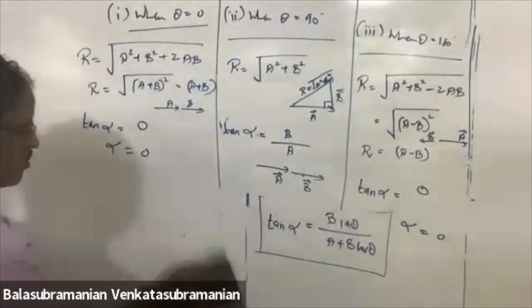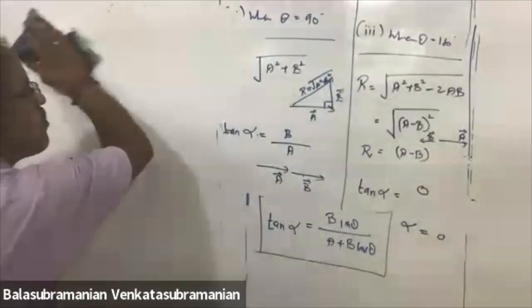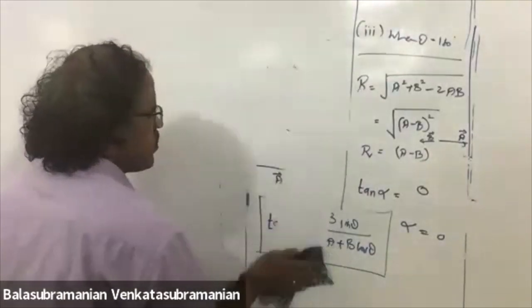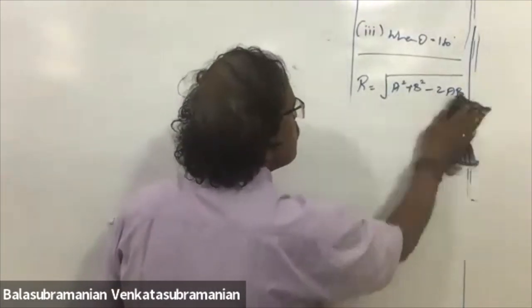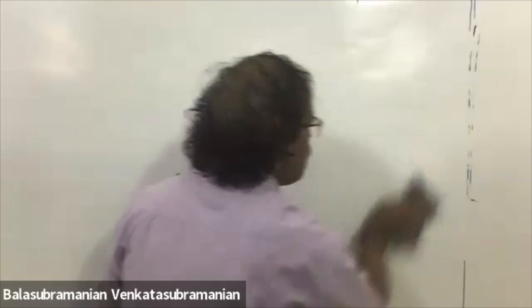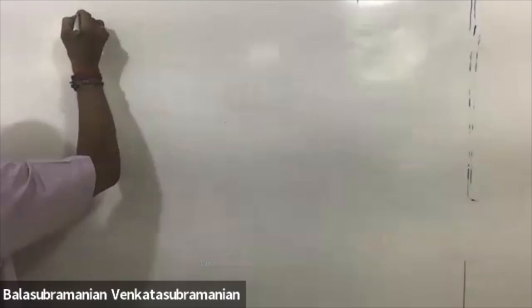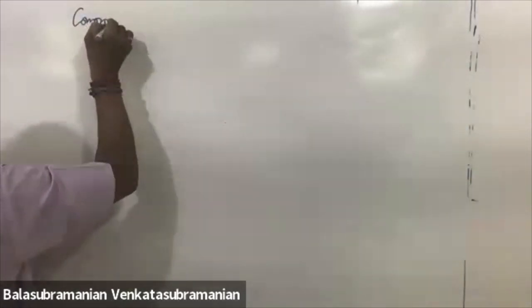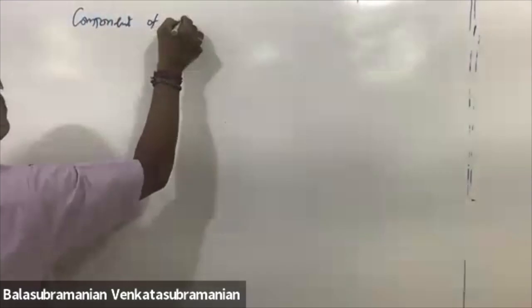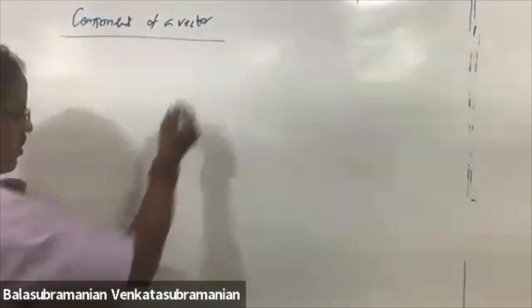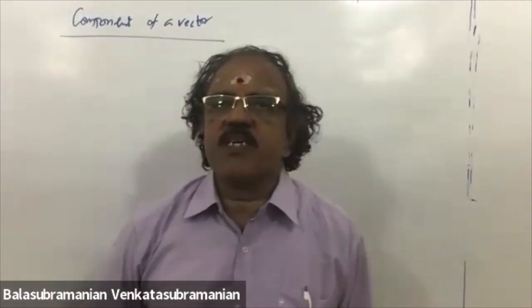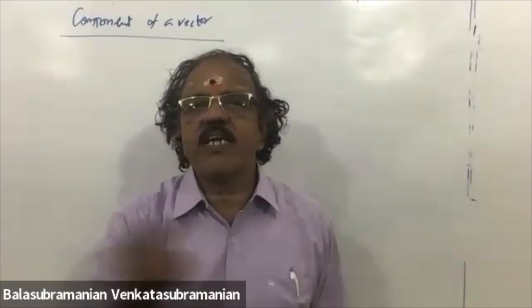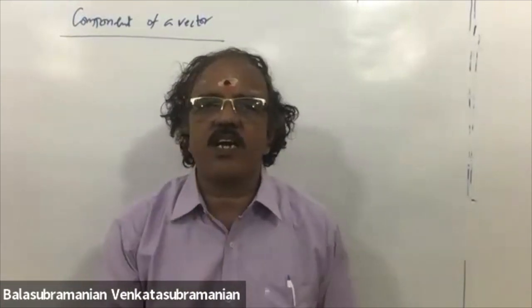Component of a vector. Every time, any vector you are representing cannot point in a straight line, exactly horizontal or exactly vertical.